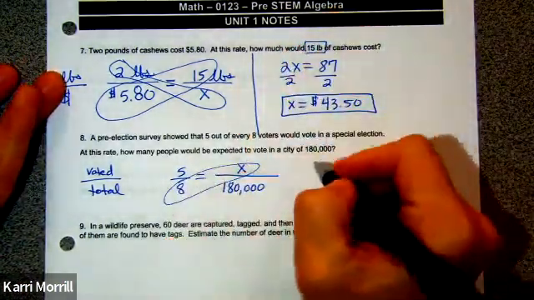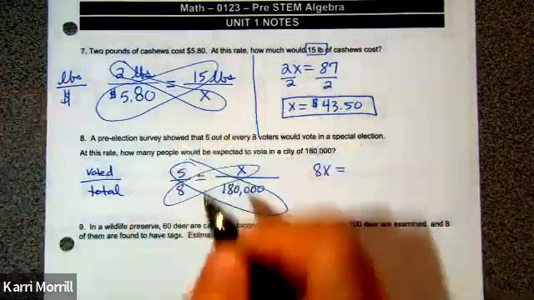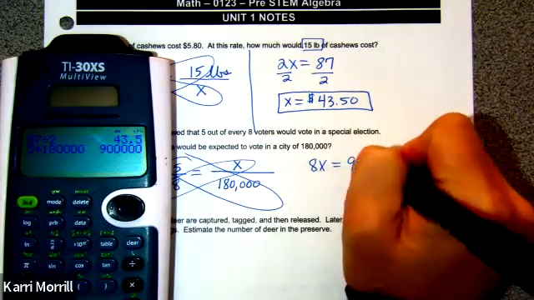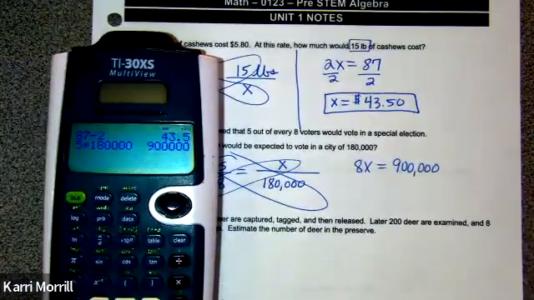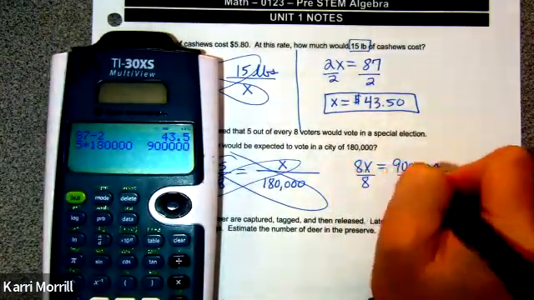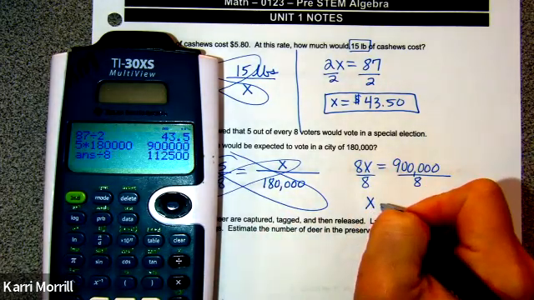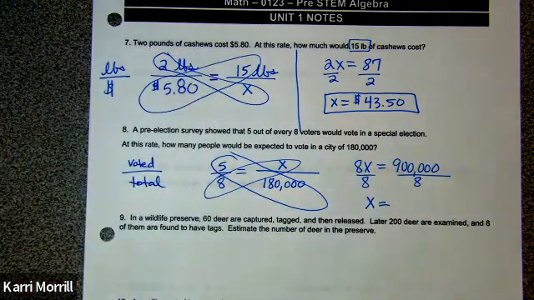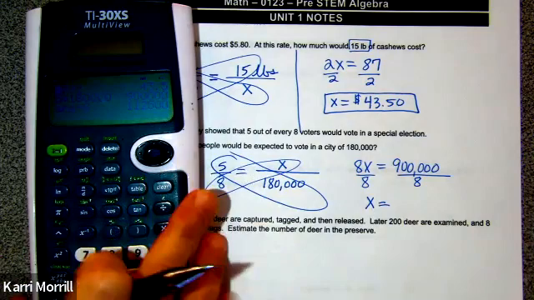I like to try to pick up my letter first, so I'm going to do this diagonal first. So 8x equals 5 times 180,000, which is 900,000. If we divide by 8, I wrote an extra 0.